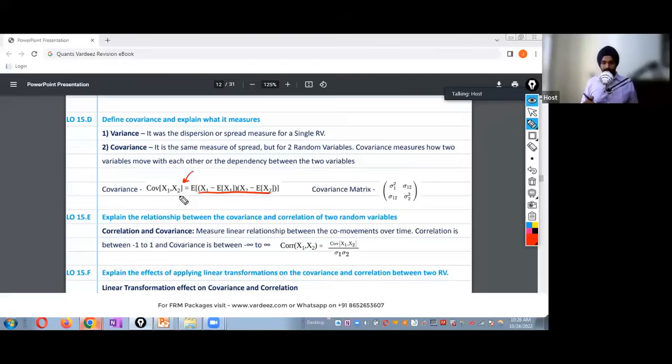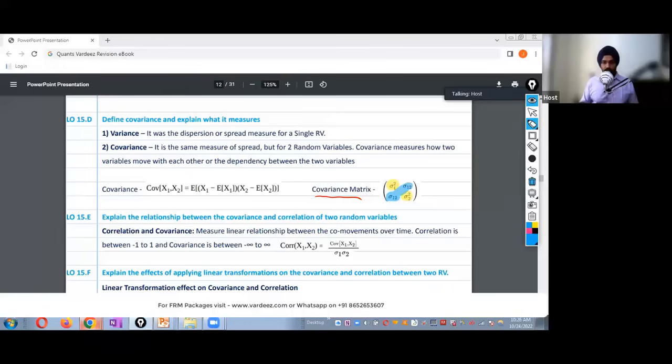But oftentimes on the exam, you're going to see something like a covariance matrix. This is how the covariance matrix looks. This is the variance of the first random variable. On the diagonally opposite, you have the second random variable's variance, and on this other diagonal, you have their covariance, covariance of 1 and 2.